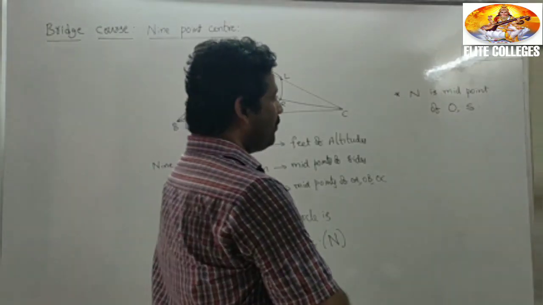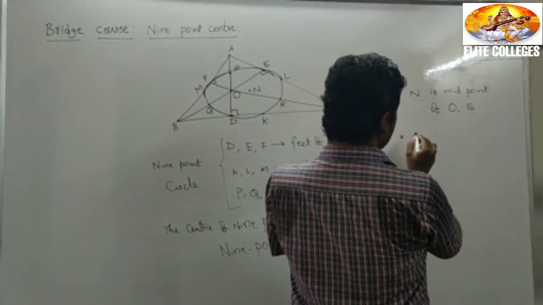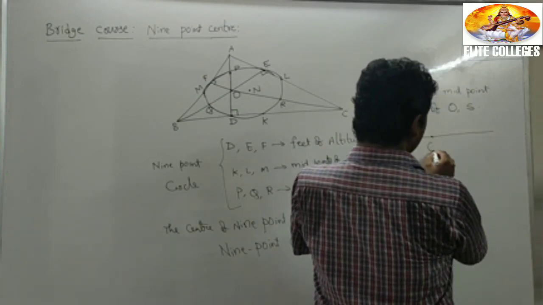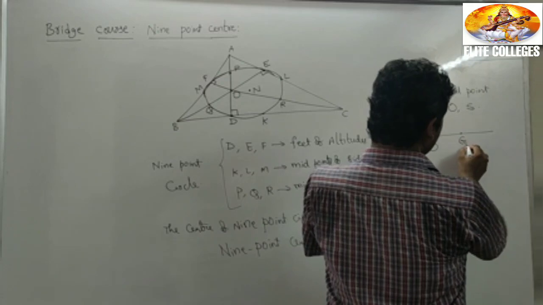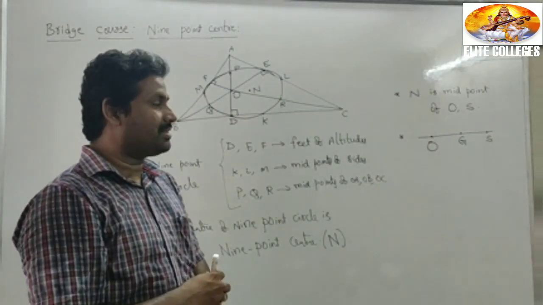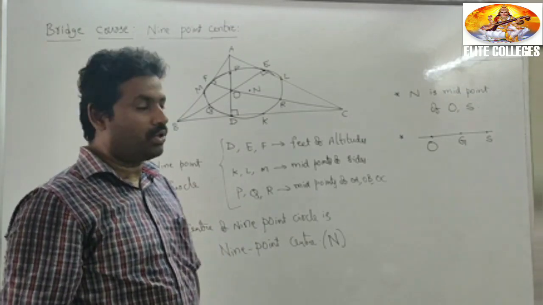So we already know that in any triangle, the orthocenter, centroid and circumcenter are collinear.